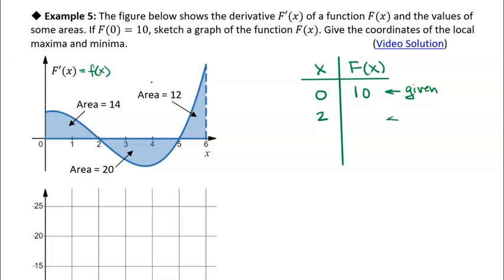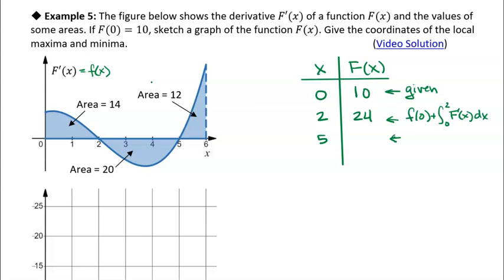So what I can do is take F at 0 and add the integral from 0 to 2 of F prime of x dx, and I'll get 24. So there's another point on my antiderivative, and I can just keep doing that. The next point where it's easy to find the value is at 5, because I know the area is 20, but it's below the x-axis, so it's negative.